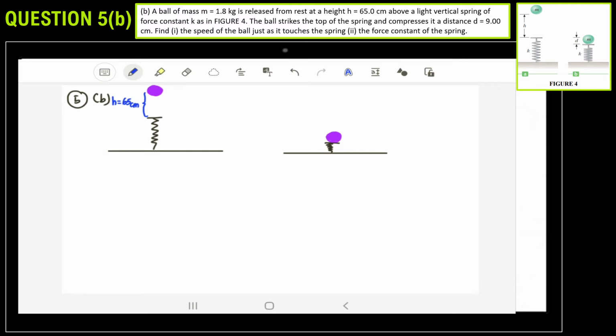So what happened to the spring when the ball strikes the top of the spring, and then the spring compresses at distance of 9.00 centimeter.